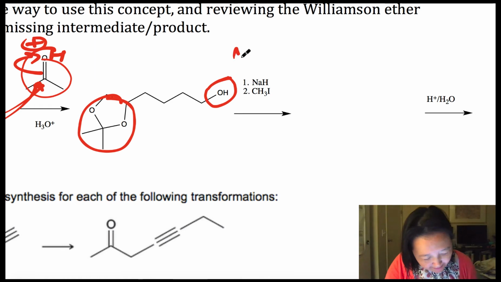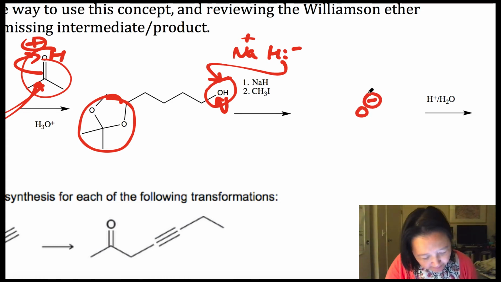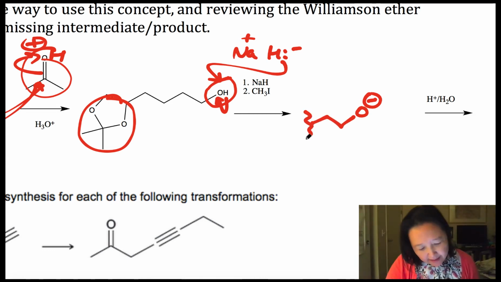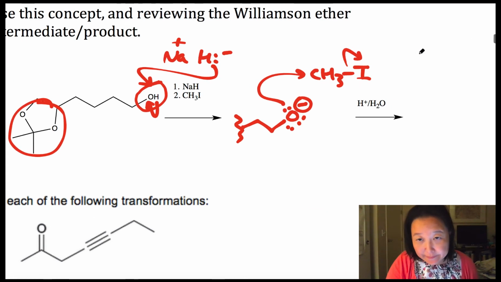Sodium hydride is usually used in the Williamson ether synthesis to make ethers. So it's called ether synthesis. So I take the hydrogen here, generate hydrogen gas, make this into an O-, and then I have this long chain. And then you've got this electrophile, CH3I, methyl iodide, and then one of these lone pairs can attack here, and I make my methyl ether.